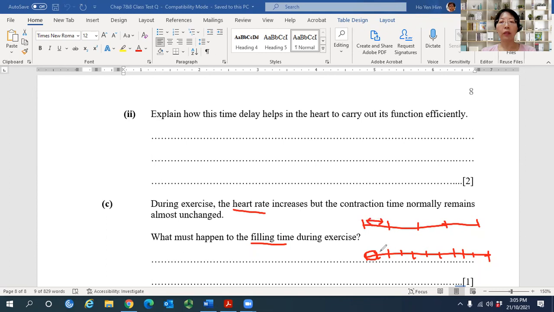So now your filling time must be shorter already. That means in the entire cardiac cycle, a certain timing is for the filling time of the atria and the ventricle. A certain timing is the ventricular systole. So the filling time must be shortened. All right, so that's all for today.